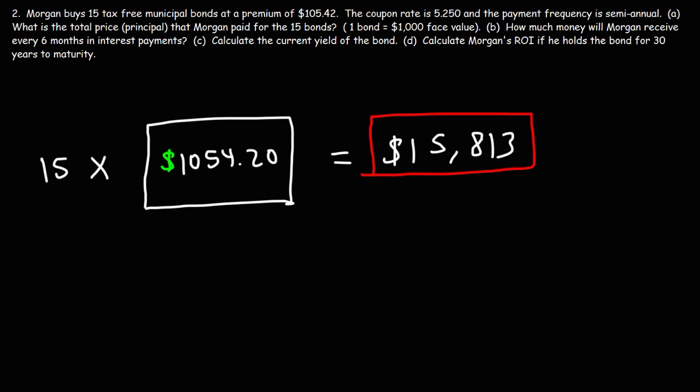How much money will Morgan receive every 6 months in interest payments? So now the coupon rate that he's going to receive will be based on the face value and not necessarily the premium that he paid. So he bought 15 bonds with a face value of $1,000.